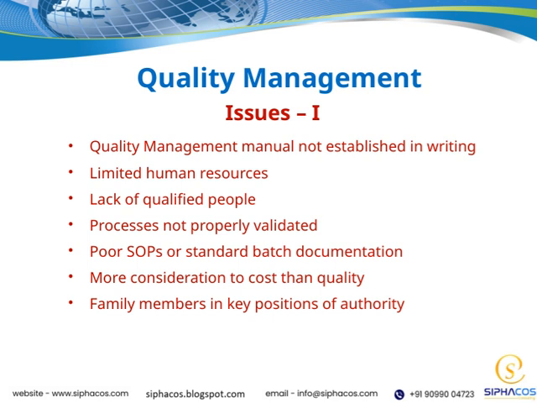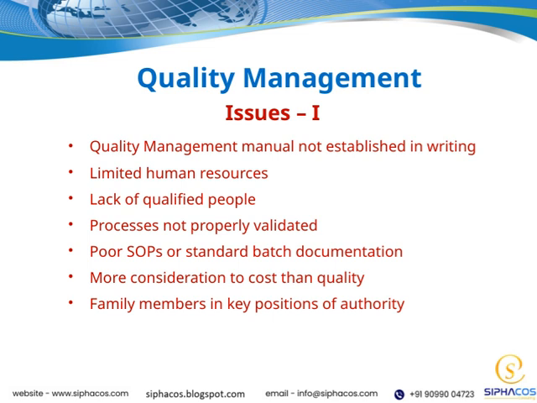This means we can't be fully confident that they consistently produce the desired quality. Additionally, the SOPs, or standard operating procedures, are not up to par. They're often poor or incomplete, leading to inconsistent batch documentation. We also see a tendency to prioritize cost over quality.